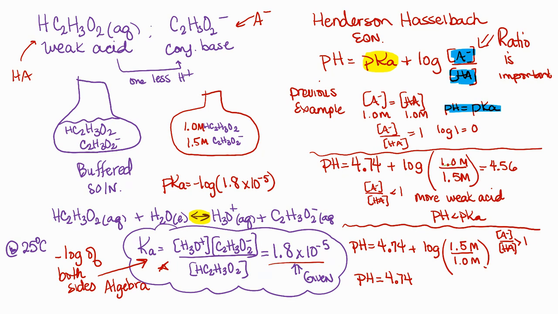So I get 4.92. Which makes sense because we have more base, right? More conjugate base than weak acid.